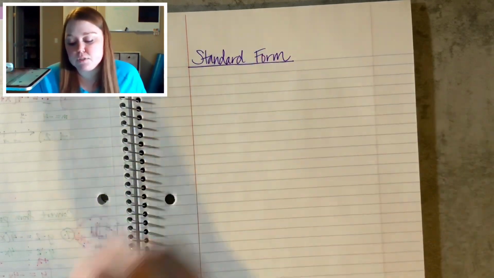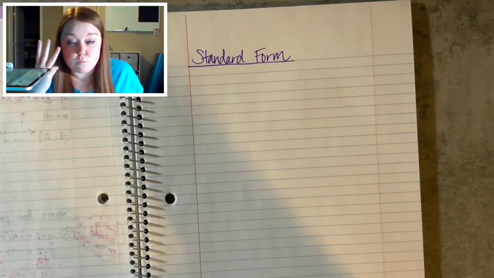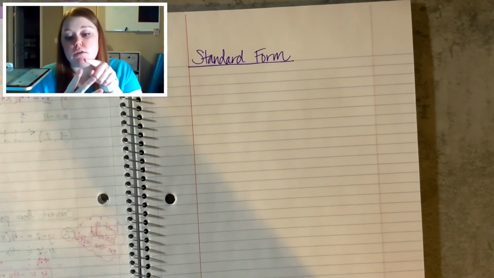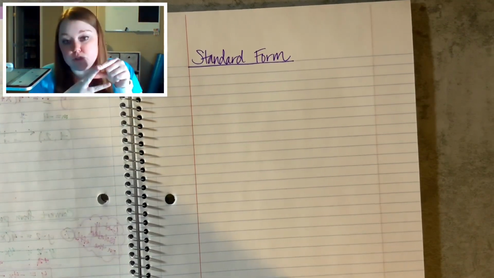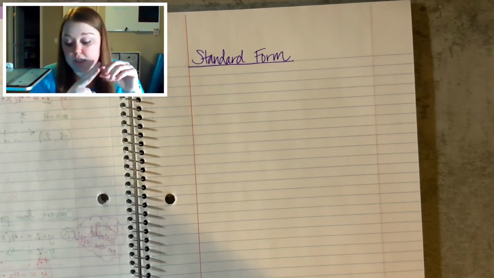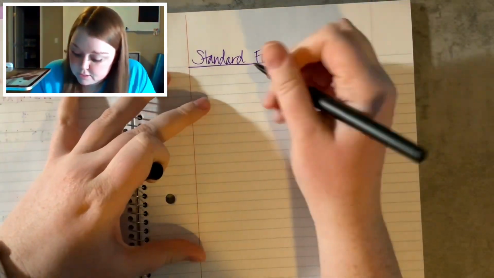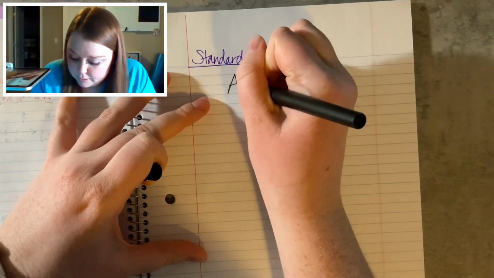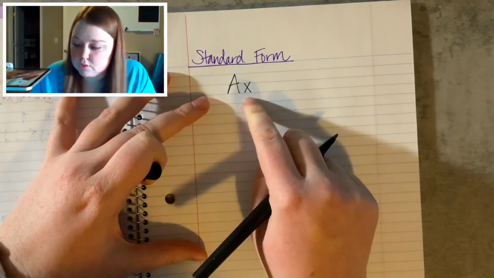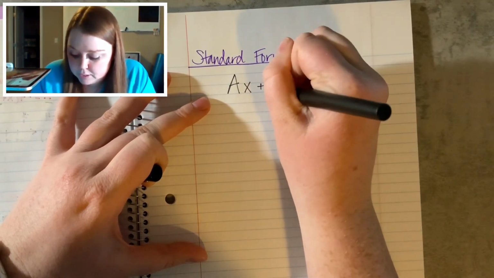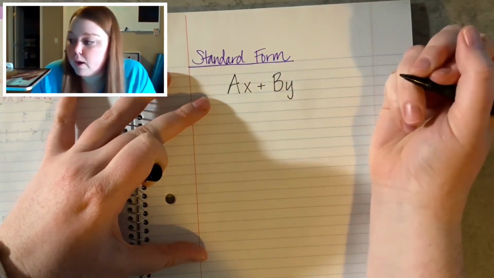And then standard form is going to be the last form that we learn. There's those three main ones: slope intercept form, point slope form, and now today you're learning standard form. So standard form is capital A and then x, that's just a regular x, plus capital B and then a regular y.